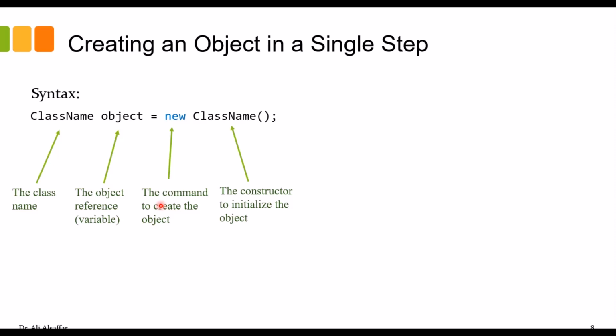It depends on what the object looks like, which depends on the class definition. And then you just write the name of the class with empty round brackets, but later we will call this one a constructor. And you know the meaning of constructor: like a builder, it is going to be used to initialize the object.